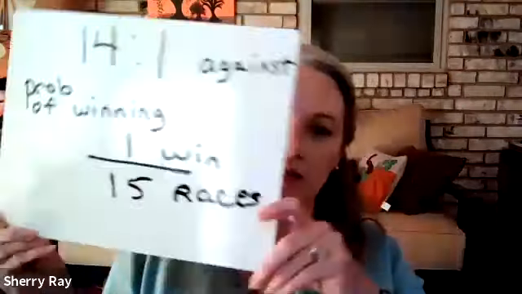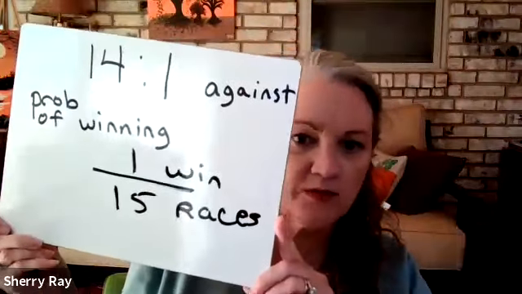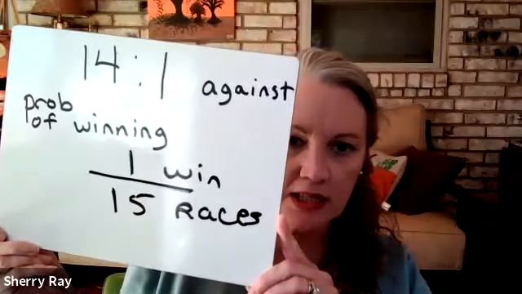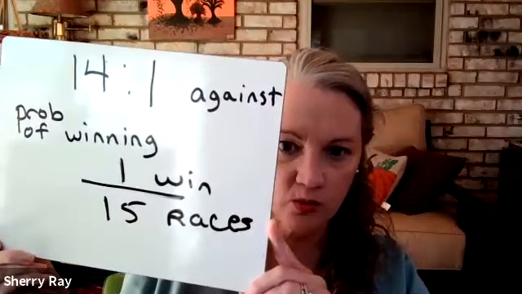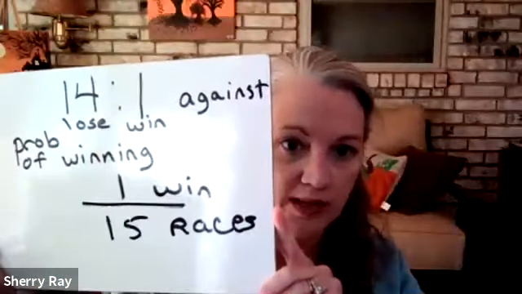If this particular horse were to race 15 times, 14 times the horse will lose, and 1 time it's going to win. So the first number represents the number of times that the horse will lose the race versus the number of times the horse will win the race.